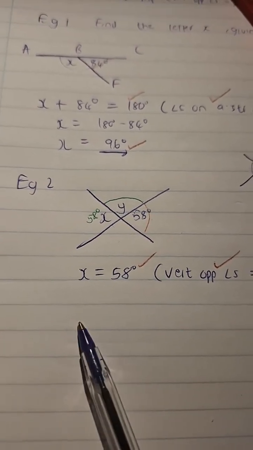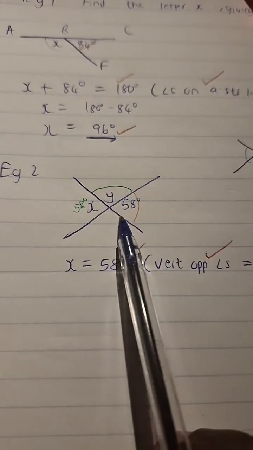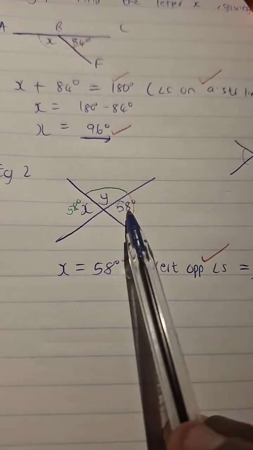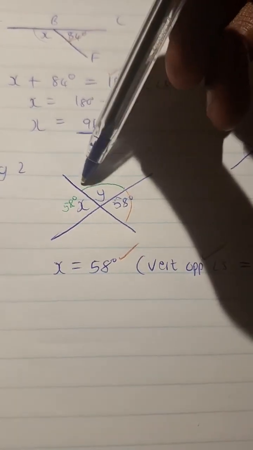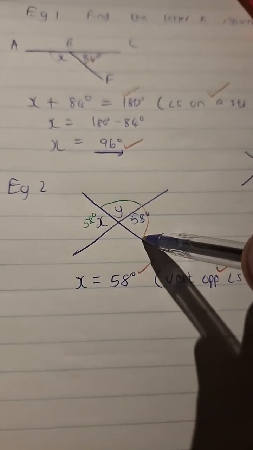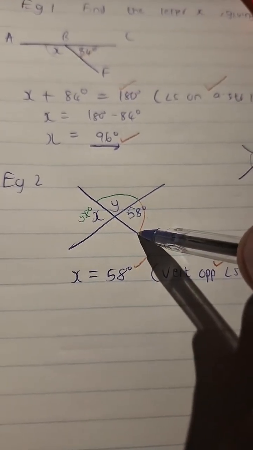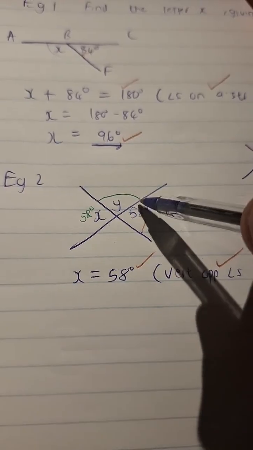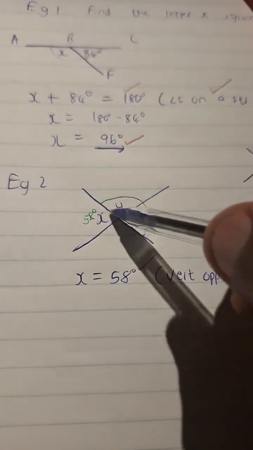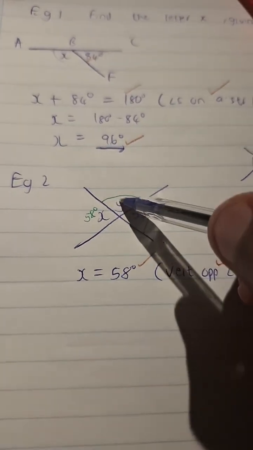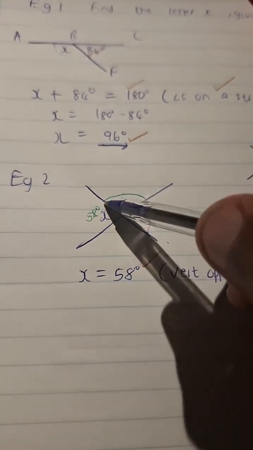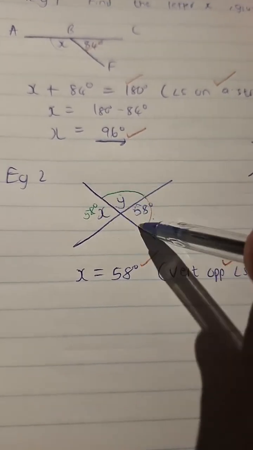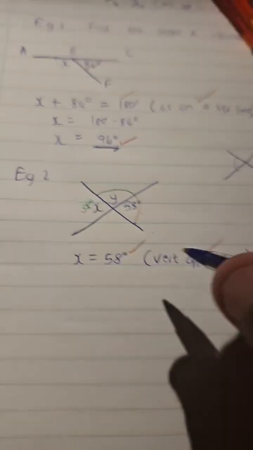But I like what people have said in the comment section. Let's just check this out. The relationship that exists between y and 58, remember they are both on a straight line. Do the angles complete the straight line? From here to there, from there to here. That's completing the straight line. So together, these angles are supplementary, meaning they add up to 180.